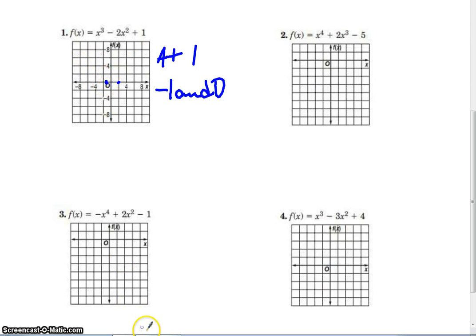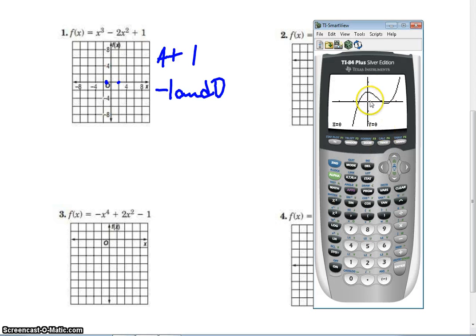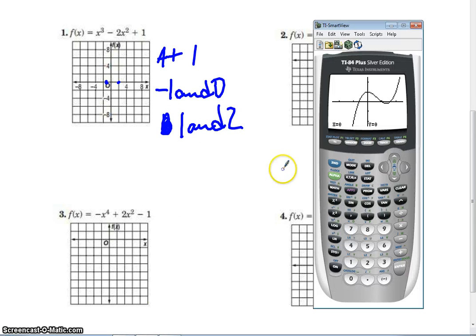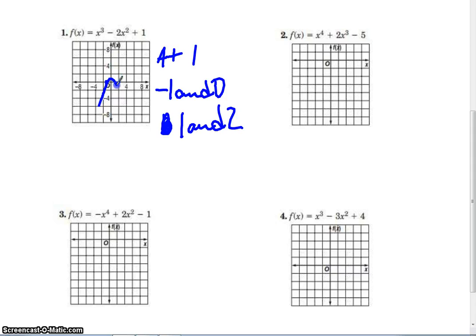There's also one somewhere between 1 and 2, because there's one at 1, but then over here, somewhere between 1 and 2 as well. So I would look at this and I would say also between 1 and 2. Okay, one more look at my graph. It's going to go up, down, up. Okay.